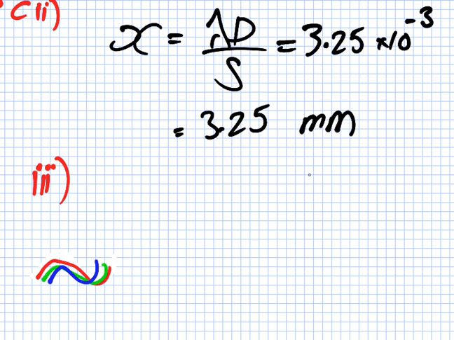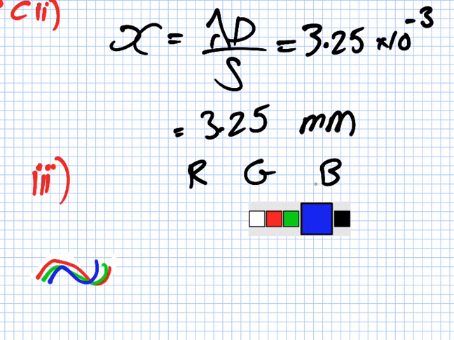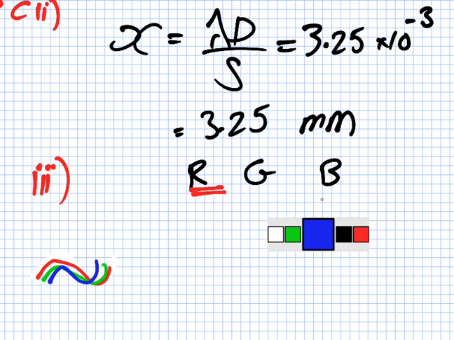So the first thing we need to remember is, let's write it down: red, orange, yellow, green, blue, indigo, violet. Which one has the highest frequency? Red. And which has the lowest is the blue.